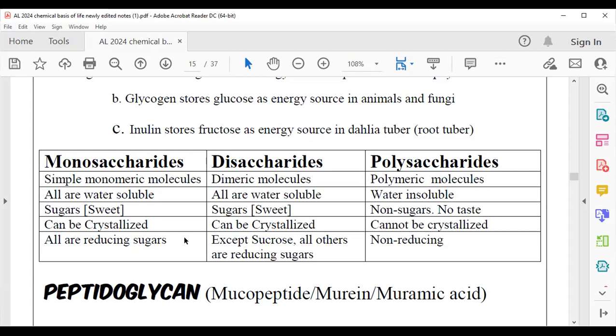For MCQs, small points are very important. We have to keep those small points in memory and practice them.